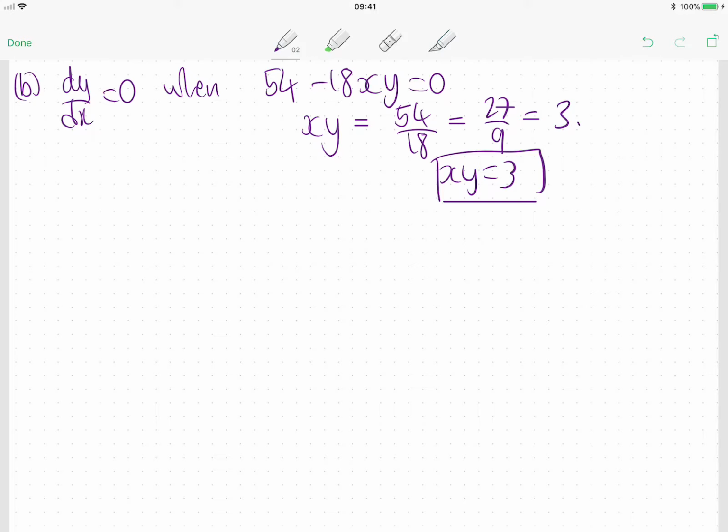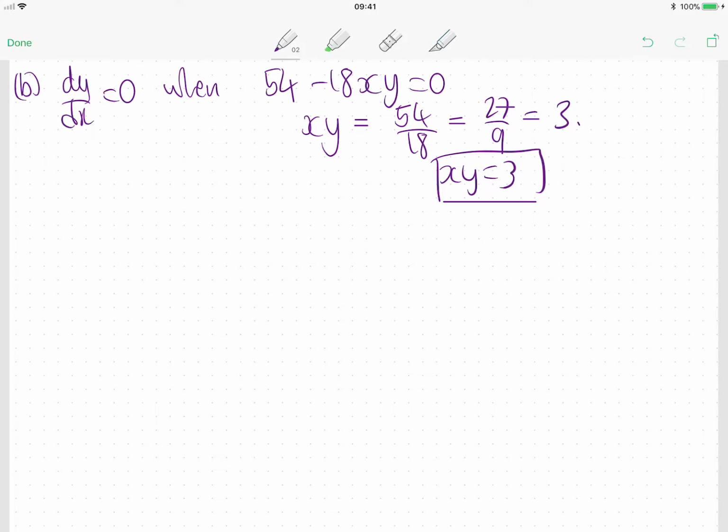Okay, so that's great. We have a condition, a relationship between the variables x and y for when dy dx is 0. But unfortunately, we don't have these explicitly. We don't know what the values are yet. So we need some idea to figure out how to get them. So this is true when dy dx is 0.